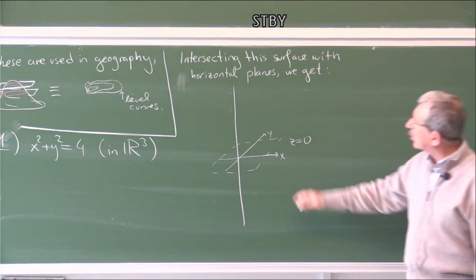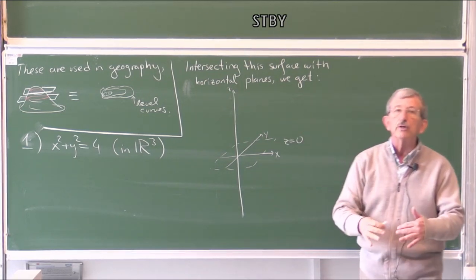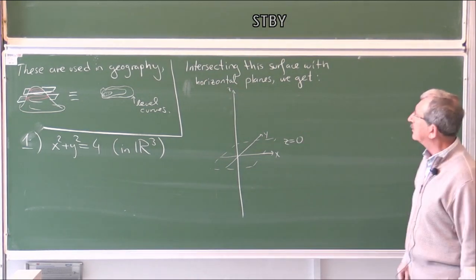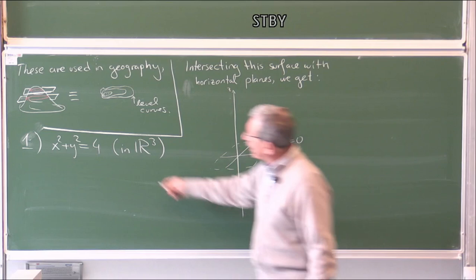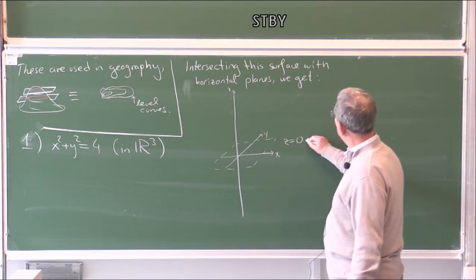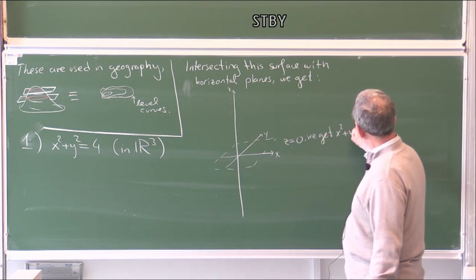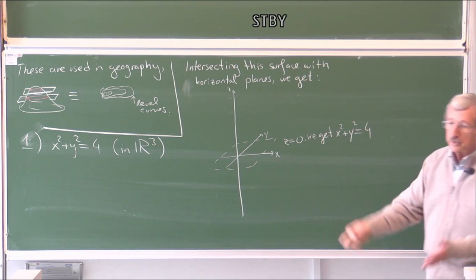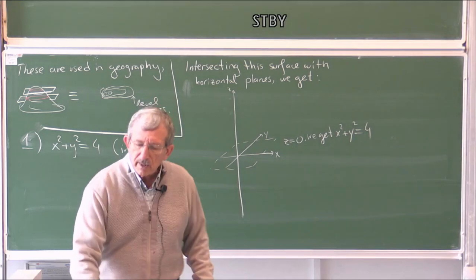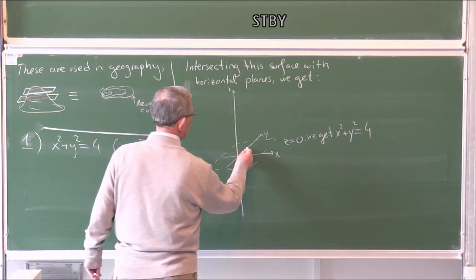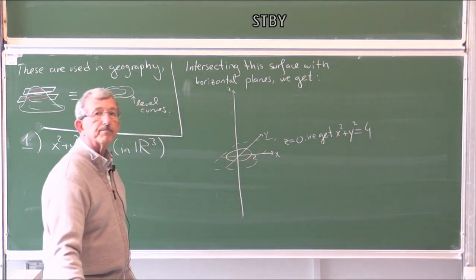Of course, all of these axes are perpendicular to each other, as we already considered. Now, when z is 0, what do we get? Well, we look at the equation. Then we get x squared plus y squared is 4, because there's no z in it. Well, this tells us that indeed we have a circle here, with radius 2 in this plane.